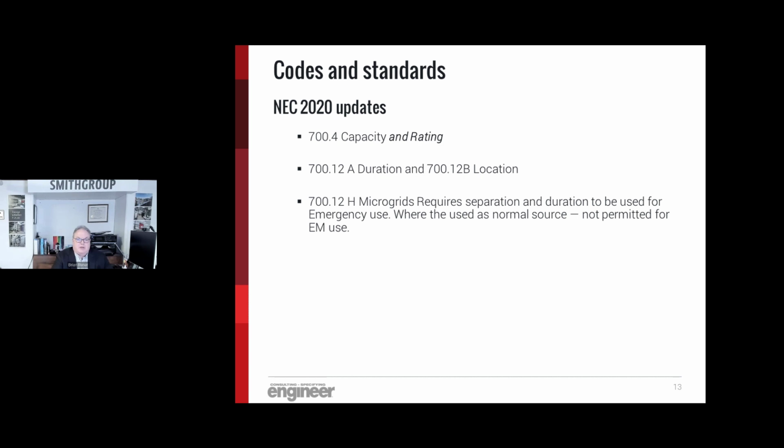We don't have time to go into it, but you'll notice when you're looking through cut sheets from the various generator manufacturers, they have emergency standby ratings, continuous ratings, prime ratings, and even data center ratings. These all talk about how much capacity you can put on that rated generator and for how many hours it should run. So be aware of that when you're looking at the rating of your generators. We're going to talk a little bit later about some of the issues with loading and load studies.